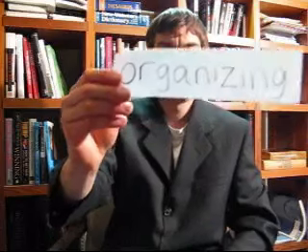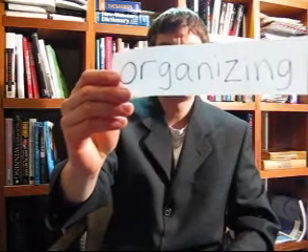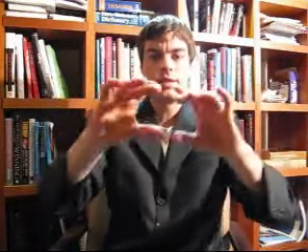Organizing. Organizing is getting all of your employees together and grouping them in divisions. So you have the manager at the top, you have maybe vice presidents below, and then you have all your workers, right?